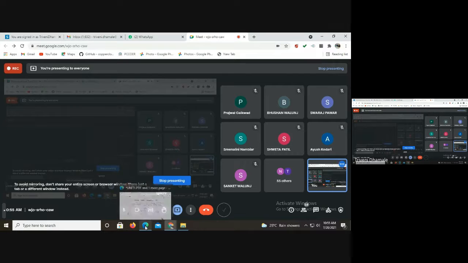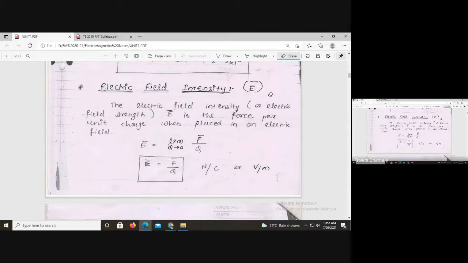Electric field intensity E bar. The electric field intensity E bar is denoted by capital E and it is a vector quantity. The bar on top of the letter shows that.